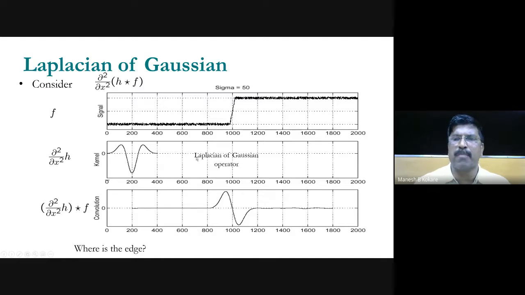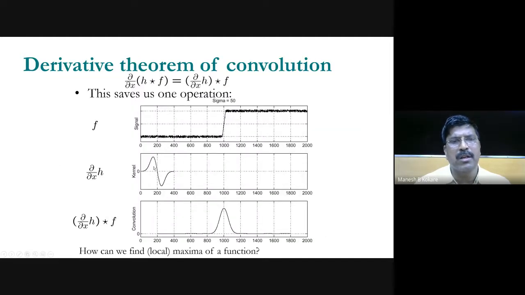This is nothing but the Laplacian of Gaussian operator. Why is it called the Laplacian of Gaussian? Gaussian is h, and then you take the double derivative, that's why it is called the Laplacian. The Laplacian is nothing but the derivative, and the function you have used is this Gaussian function.